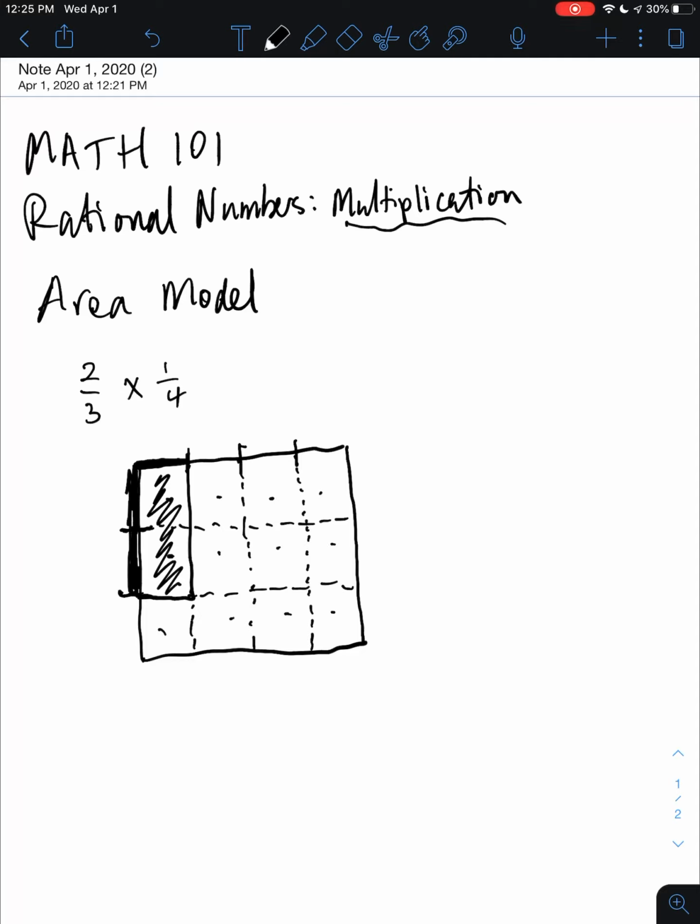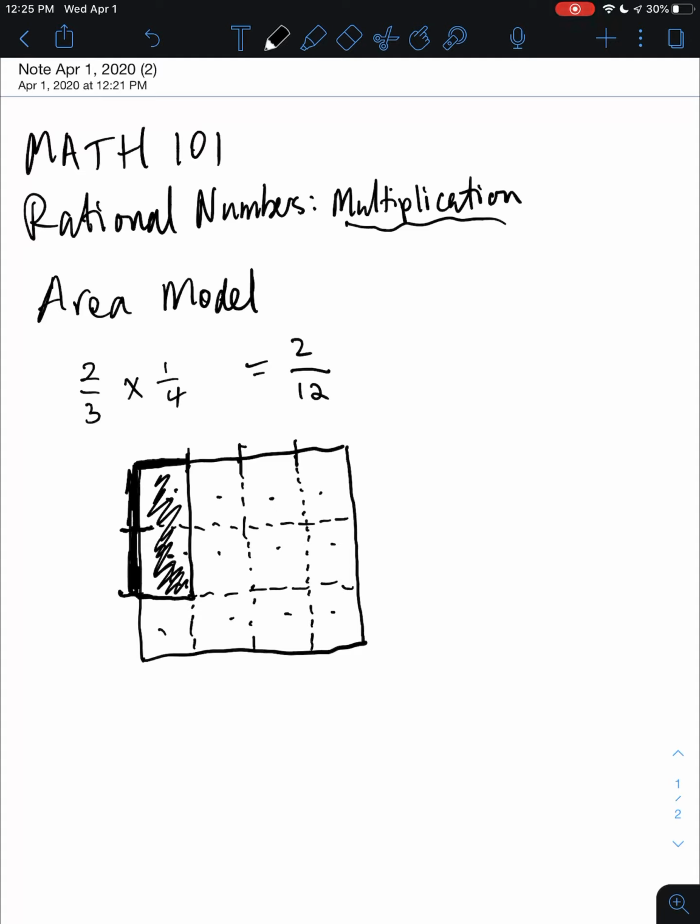There are 12 pieces altogether. How many have I shaded? I've shaded 1, 2. So 2/3 times 1/4 is 2/12. We can see that very clearly from the area model picture.